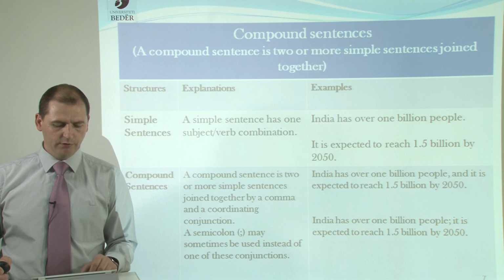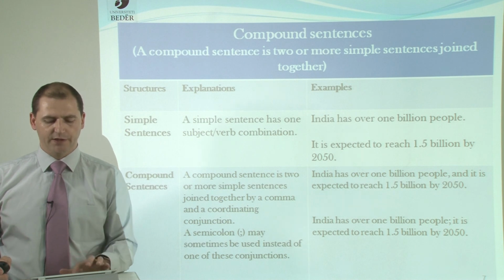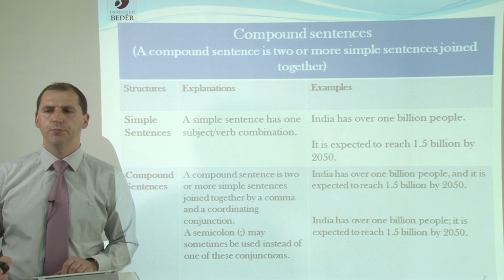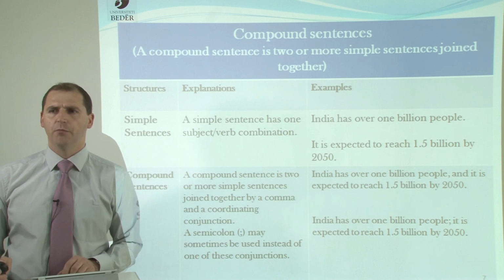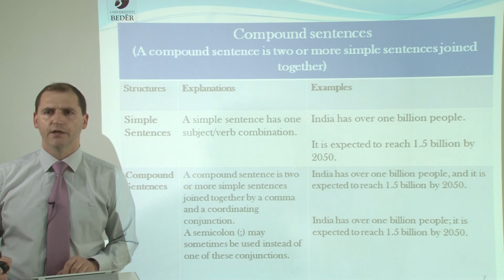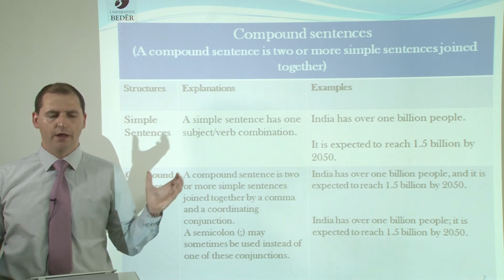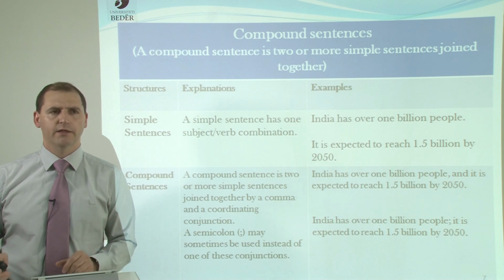A semicolon might sometimes be used instead of these conjunctions. For example, as we discussed before, India has over 1 billion people, and it is expected to reach 1.5 billion by 2050. So we have two simple sentences that are joined together and they make a compound sentence.